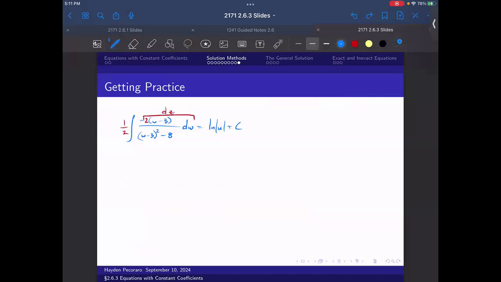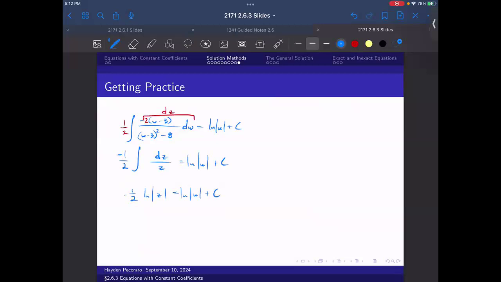That'll give us a new integral here, minus 1/2 integral dz over z equals log u plus c. And this is minus 1/2 log absolute value of z. Okay.